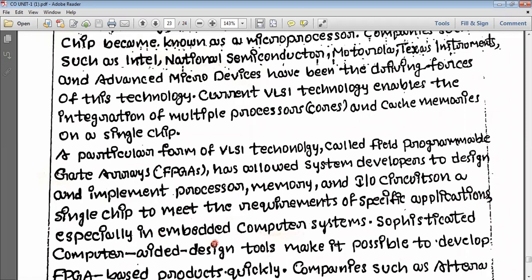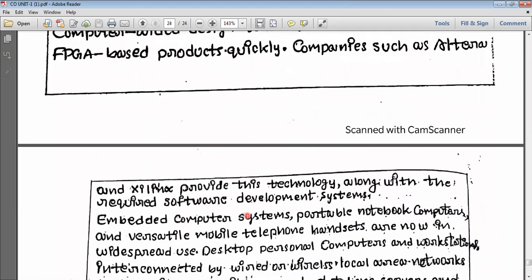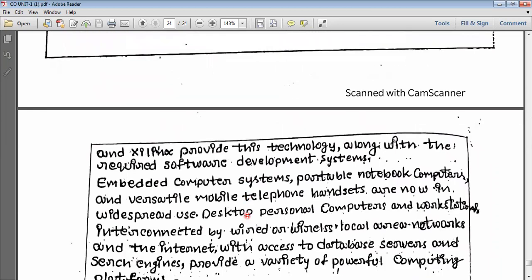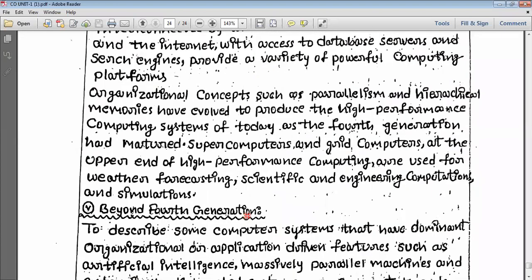These are used in embedded computer systems. Nowadays we implement so many languages to develop programs. All these belong to the fourth generation.